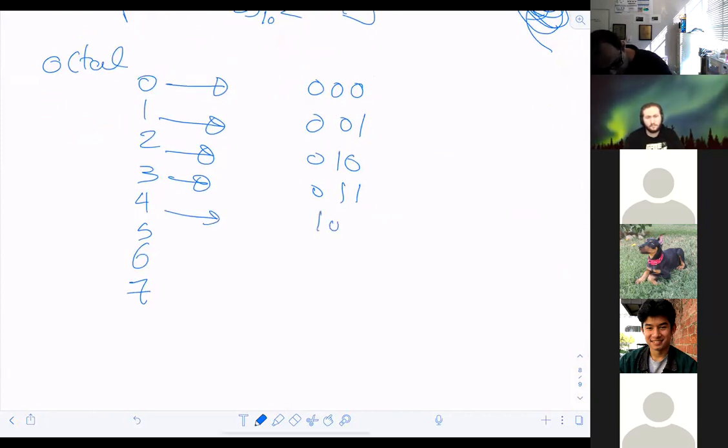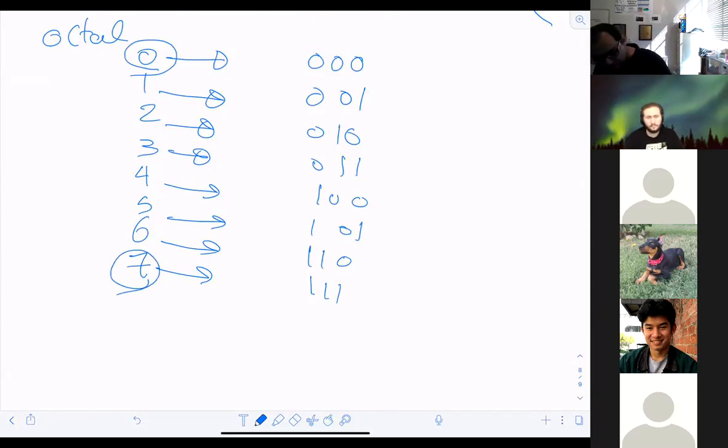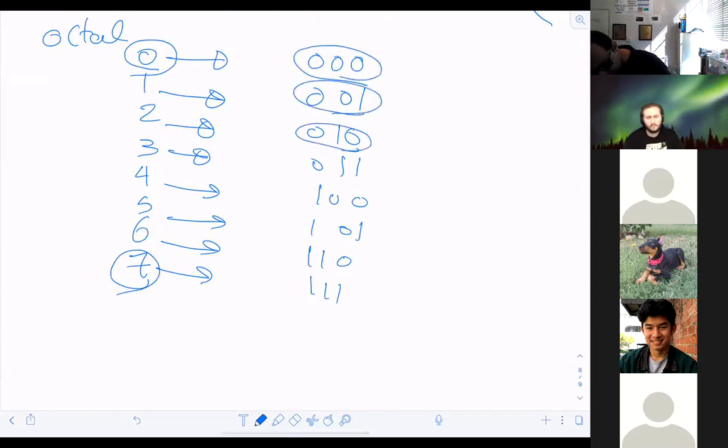And 4 is going to be this number, 5 is going to be that number, 6 is going to be 0, 1, 1, and 7 is going to be 1, 1, 1. So literally, every single digit in an octal is represented in 3 digits of what? Binary.